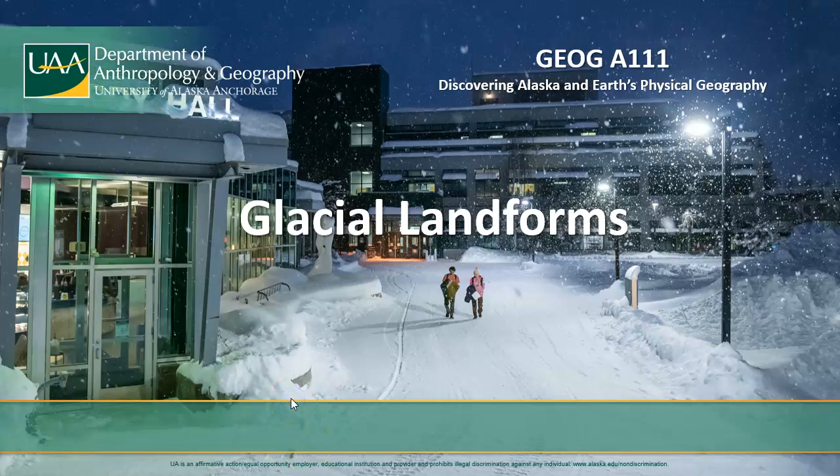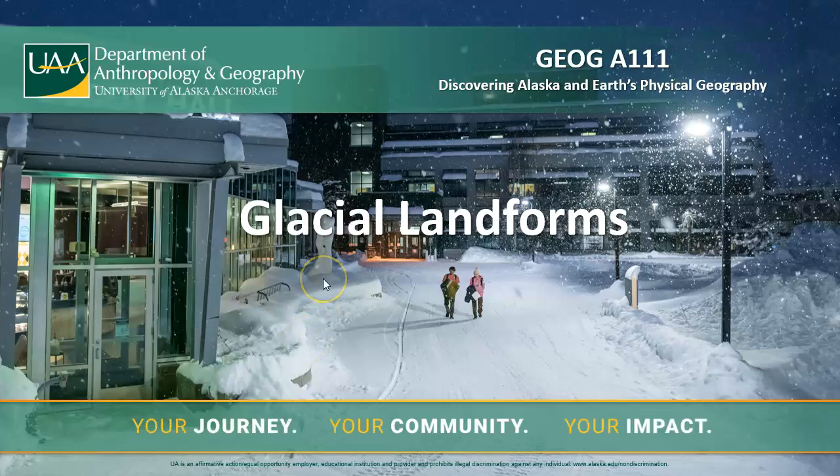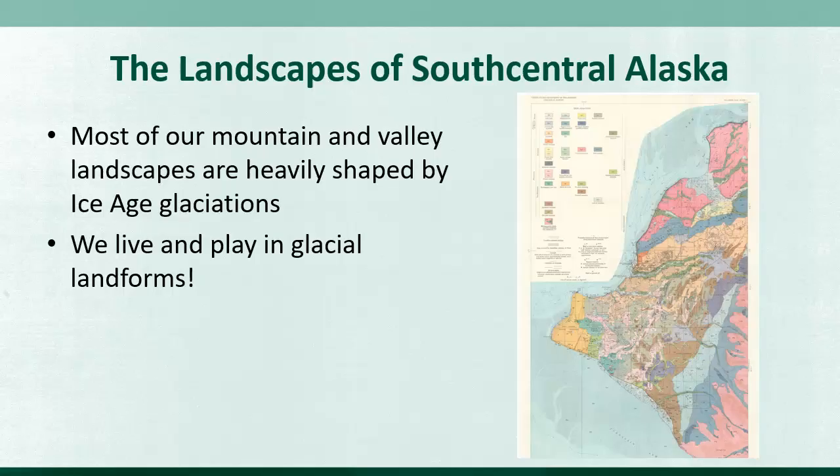But let's go ahead and launch in a little bit. And we are going to start off talking about all the many types of landscapes that we see in South Central Alaska. Not just the things that we see in the mountains, but also many of the valley areas as well have been shaped by glaciers. Here's an old surficial geology map that will be available for you in Blackboard that shows landforms in and around the Anchorage Bowl.